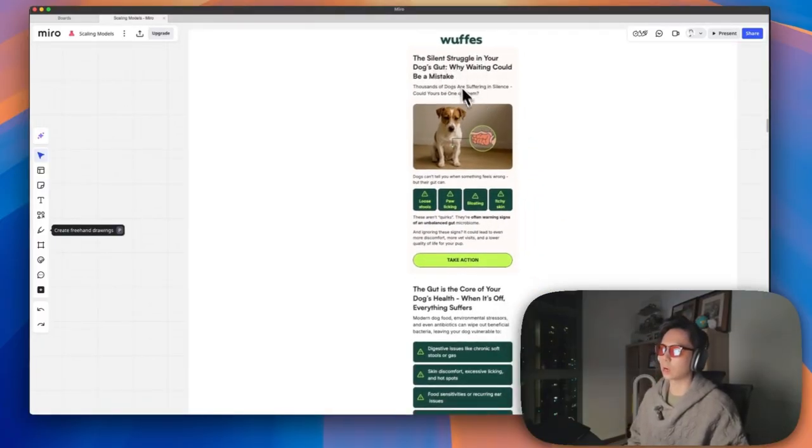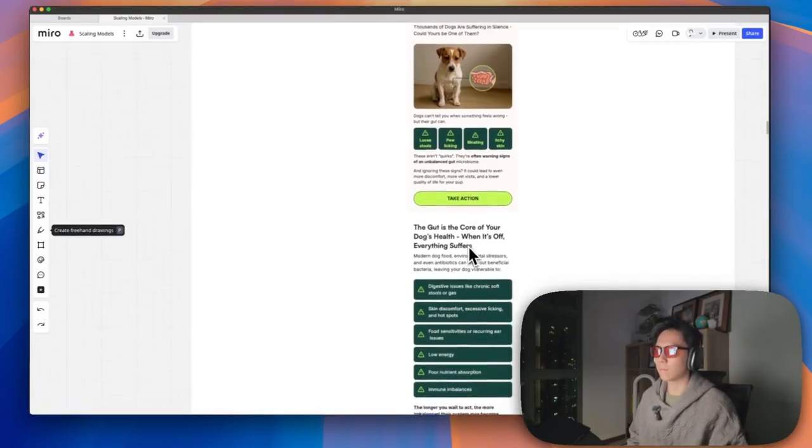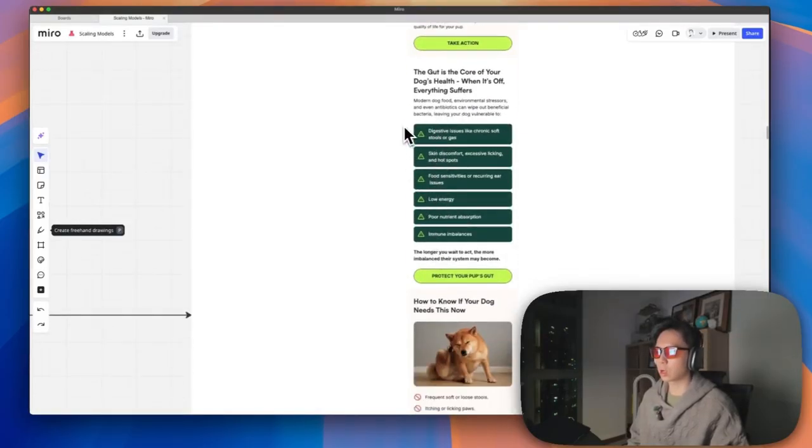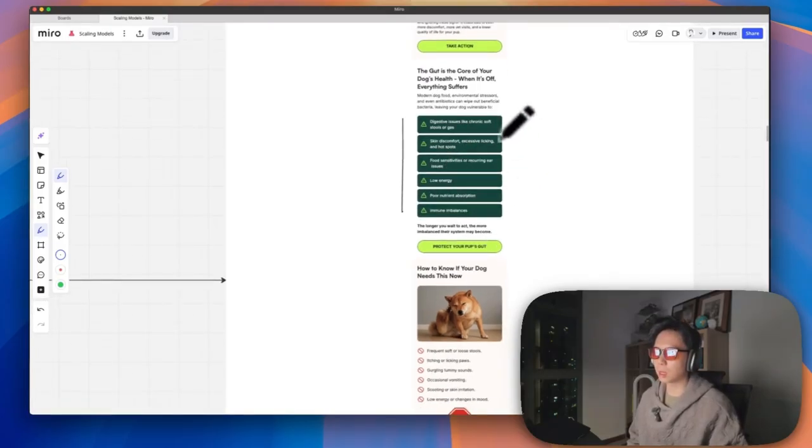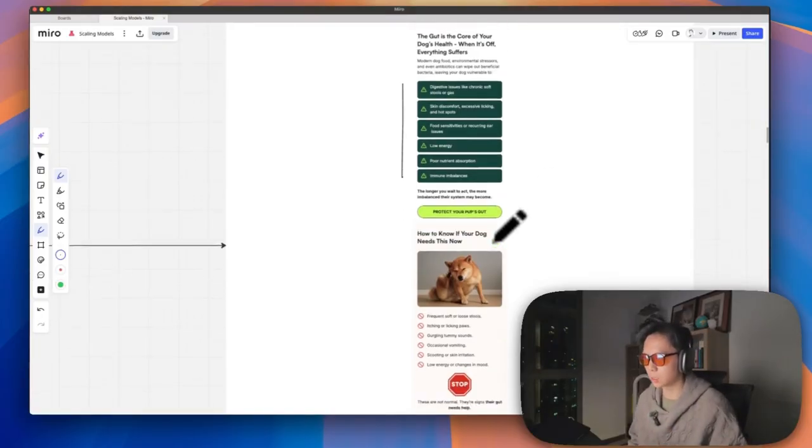about the silent struggle in your dog's gut, why waiting could be a mistake, and different issues that you might notice as a pet parent. So this would be digestive issues, skin discomfort, food sensitivities. So they're blaming a lot of these symptoms as problems in your dog's gut.